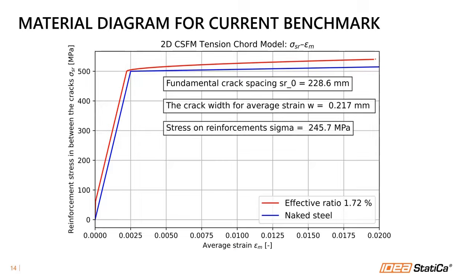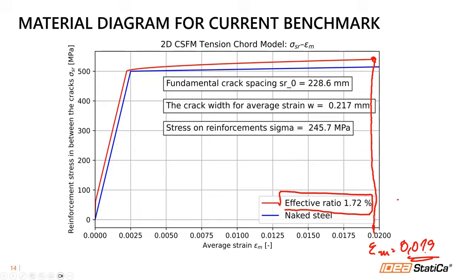We can see that for our purpose, for the effective reinforcement ratio 1.72%, this is our reinforced submodel, you will receive the maximal strain, basically the epsilon m, that is explicitly expressed by this equation, 0.019.